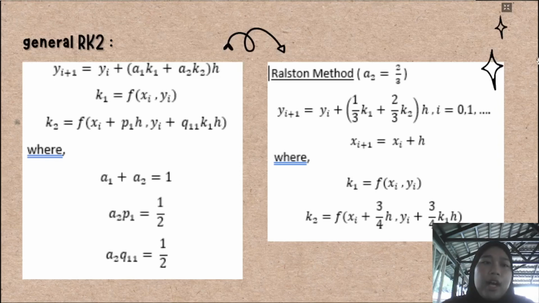Here is our general formula for RK2, and for Ralston method, A2 is equal to 2/3. We substitute into the formula and we get A1 is equal to 1/3, P1 is equal to 3/4, and Q11 is equal to 3/4 also, and we have this formula here.